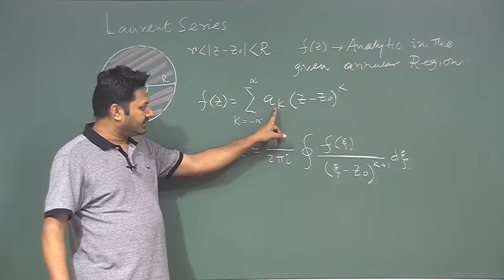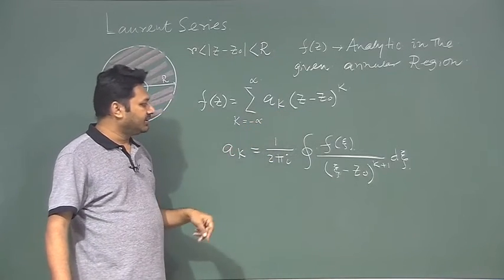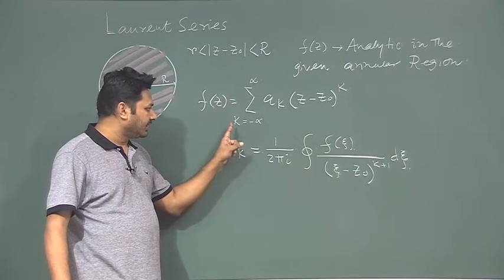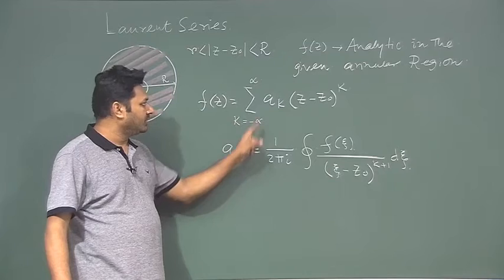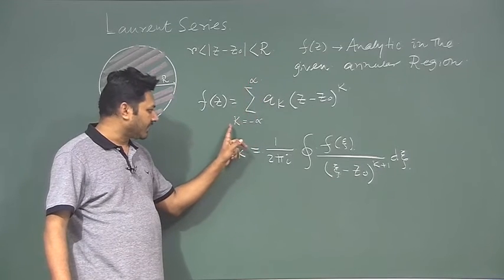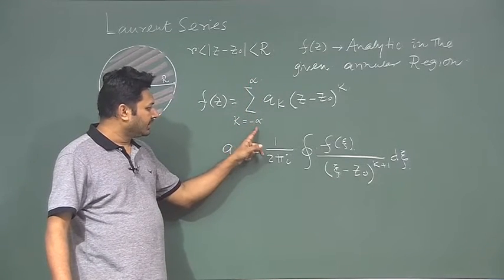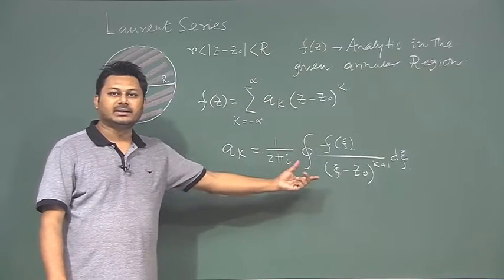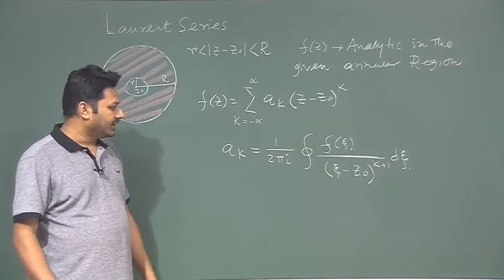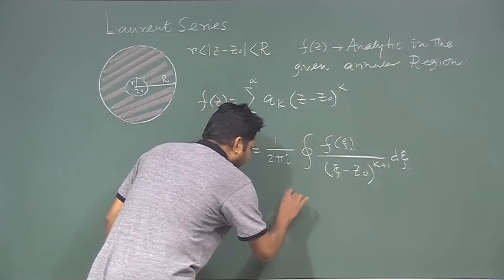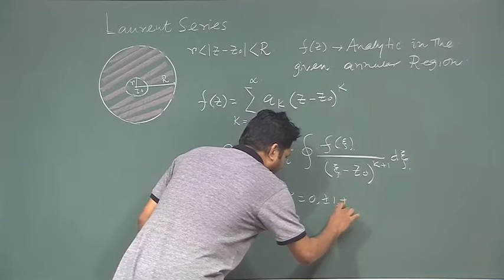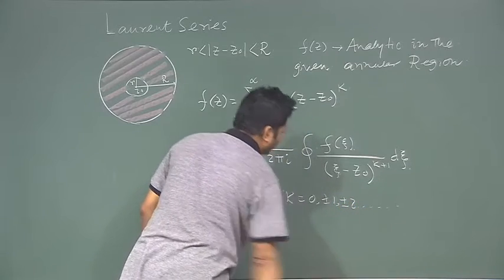The only difference between this and the Taylor series is that in the Taylor series the summation was from k equal to 0 to infinity. Here k runs from minus infinity to infinity, where a_k is defined like this. So, k here is obviously 0, plus minus 1, plus minus 2 and so on.